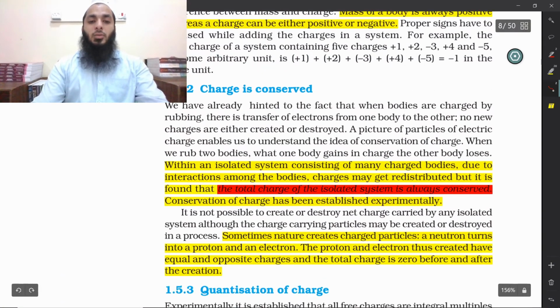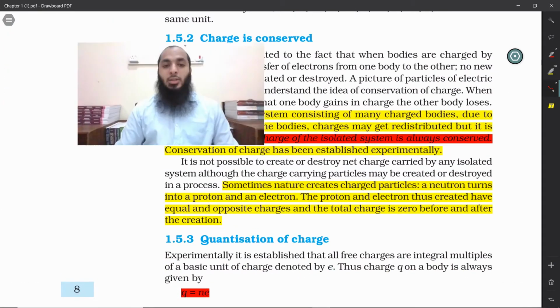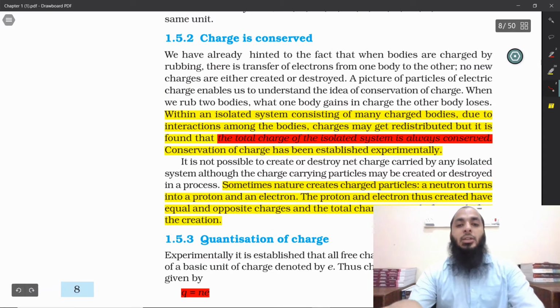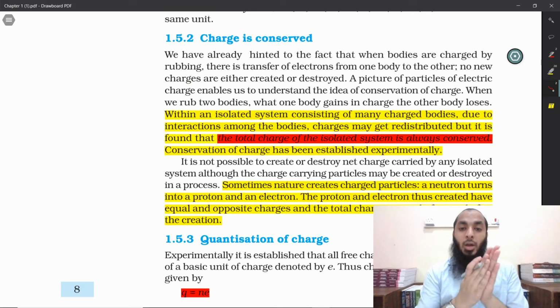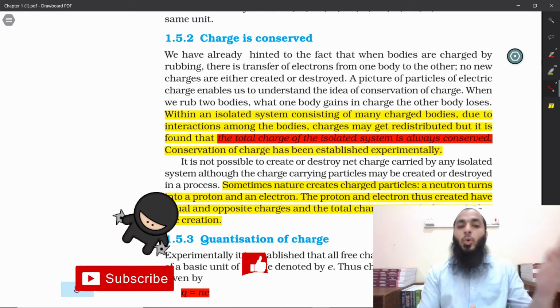Charge is conserved. We have already hinted to the fact that when bodies are charged by rubbing, there is transfer of electrons from one body to the other. No new charges are either created or destroyed. We have discussed this in the previous videos. When charging by rubbing, or the frictional electricity that I was talking about, electrons jump from one body to the other.